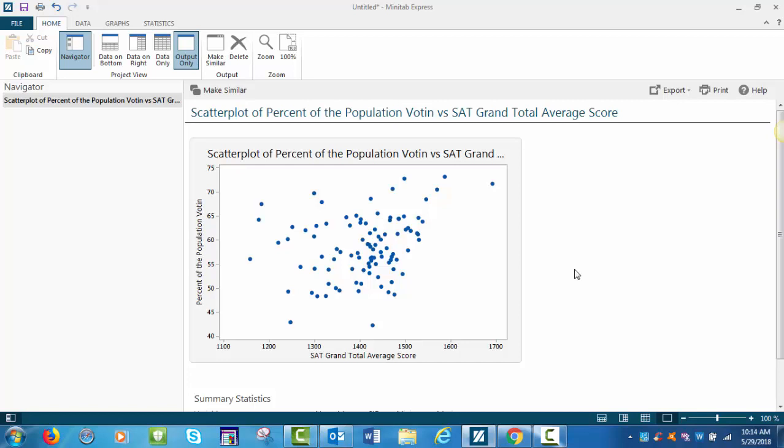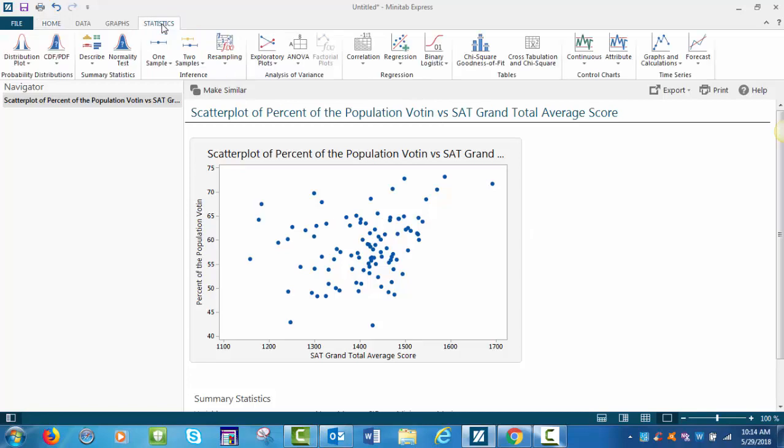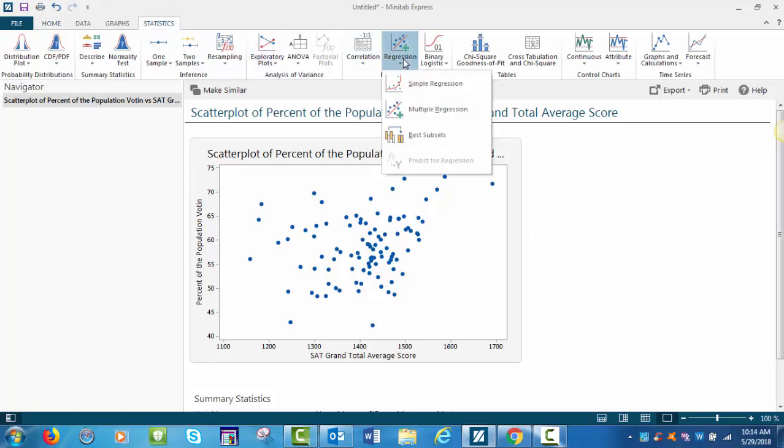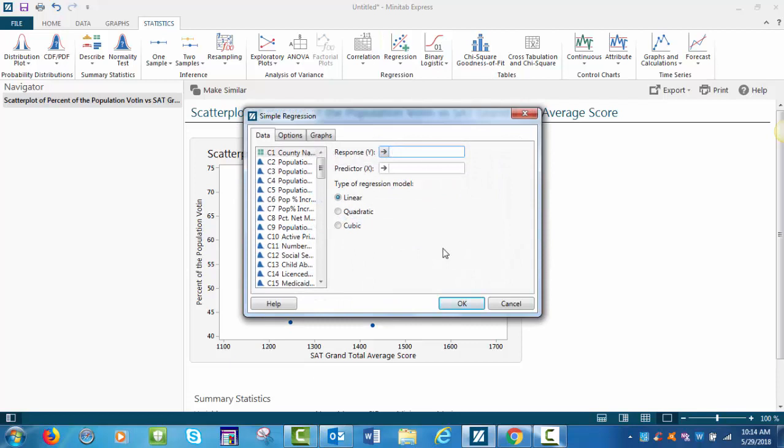In Minitab Express, we use statistics, regression, simple regression. Enter the response variable, which is the percent of population voting, and the predictor variable. You don't need the options or the graph tab.